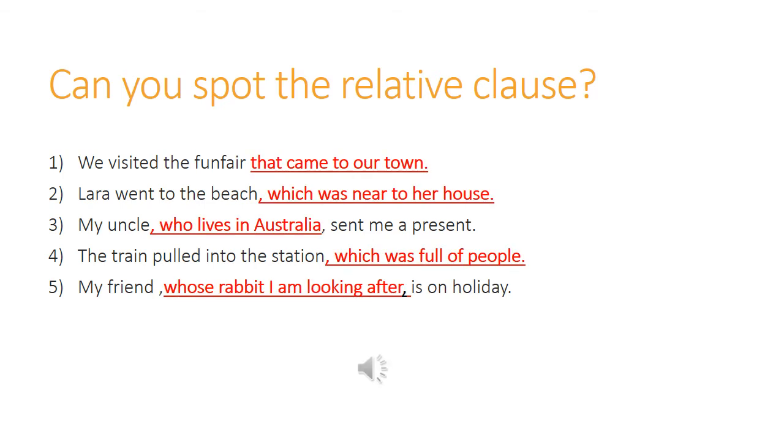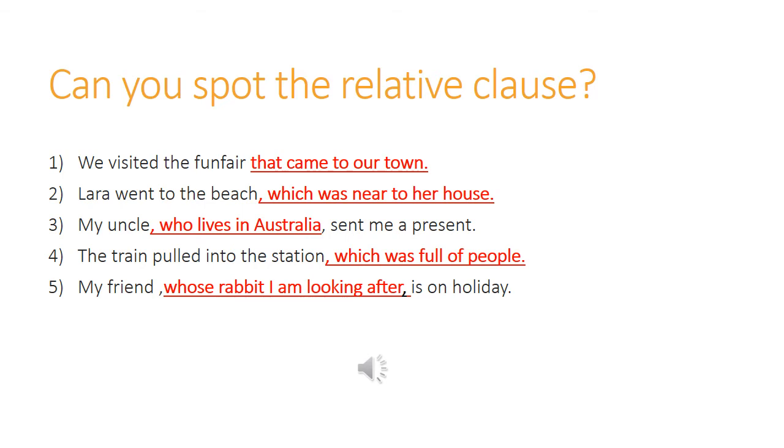Well done everyone, I know you're doing great at this today. Let's mark it together. As always, remember to tick if you're right and make any corrections if you've made marvellous mistakes. Sentence number 1. That came to our town is the relative clause. Sentence number 2. Which was near to her house is the relative clause. Sentence number 3.